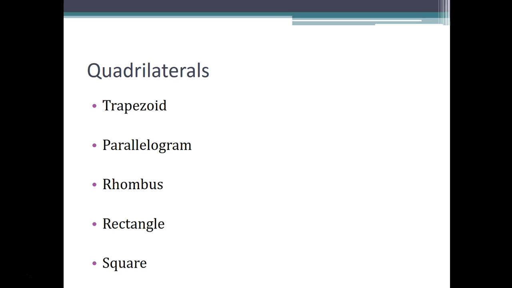And then another one's quadrilaterals. I want to point out what some of the quadrilaterals are. Trapezoid you'll often see drawn kind of like this. On a trapezoid, two sides are parallel.